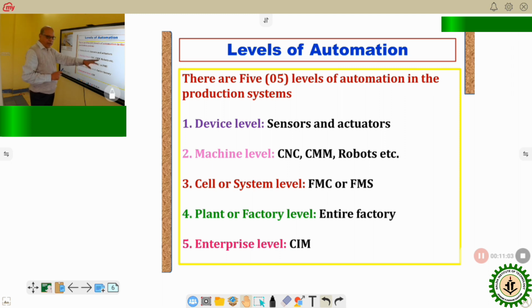Obviously, FMS occupies a higher position in the hierarchy than FMC. Finally, the plant or factory level: when the entire factory is automated, we have the plant level, the fourth level of automation. And the fifth and last, the highest level of automation, is computer integrated manufacturing, which will be the last topic of this particular course.